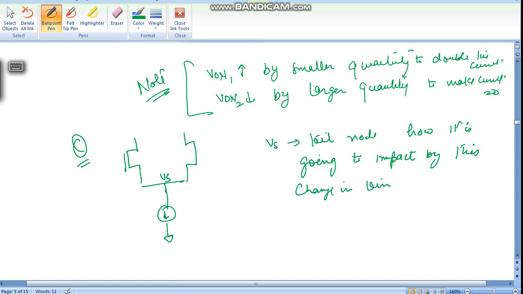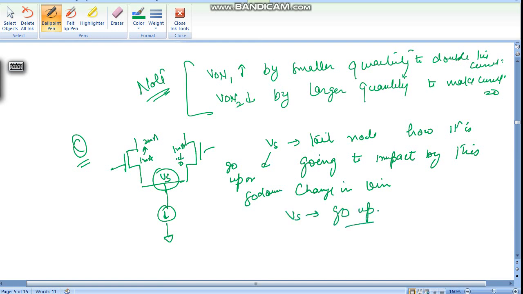Initially the current is 1 milliampere here, which is changing to 2 milliampere, and here the current is 1 milliampere changing to 0. So how will this VS behave? Will it go up or go down? So VS will go up.